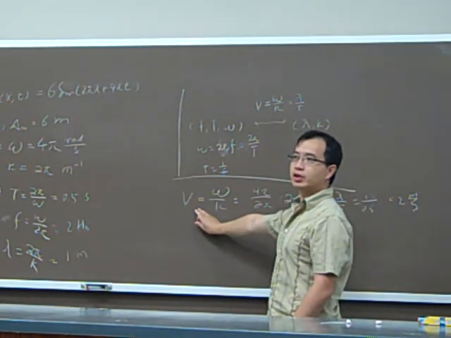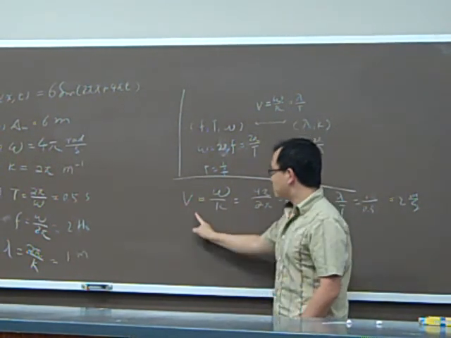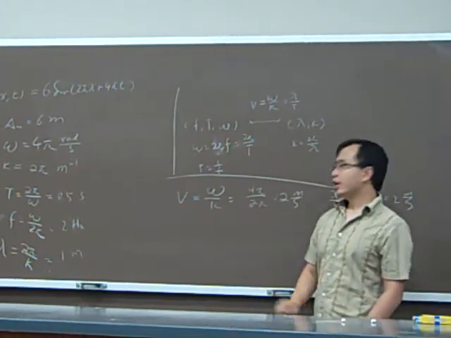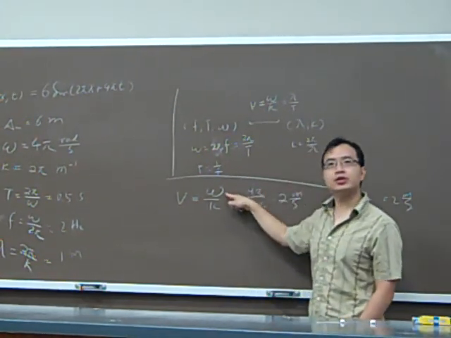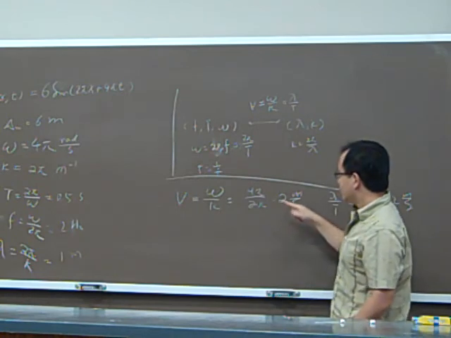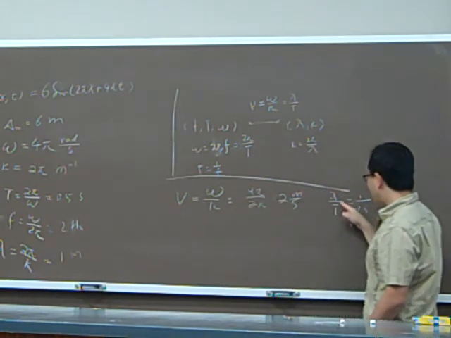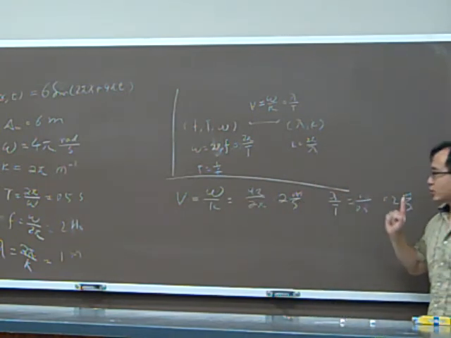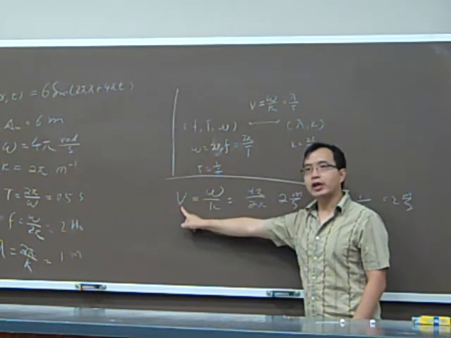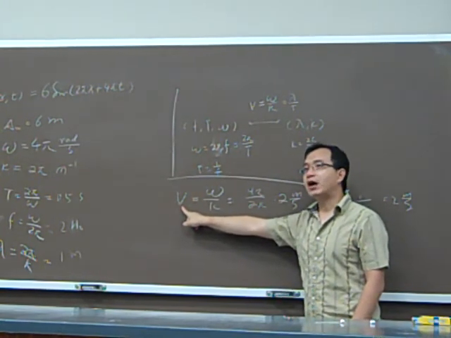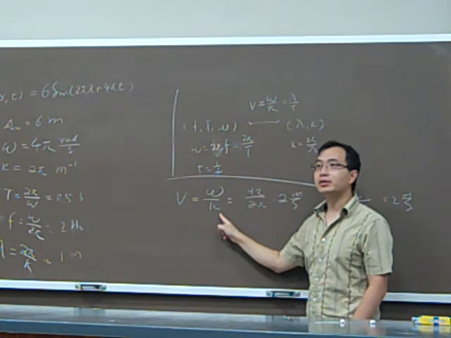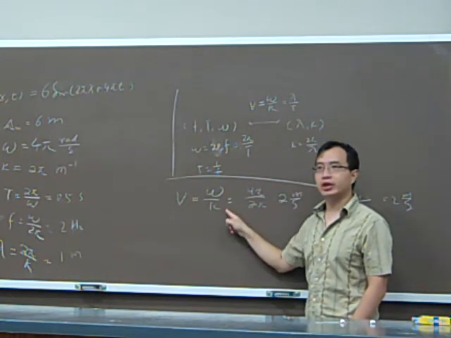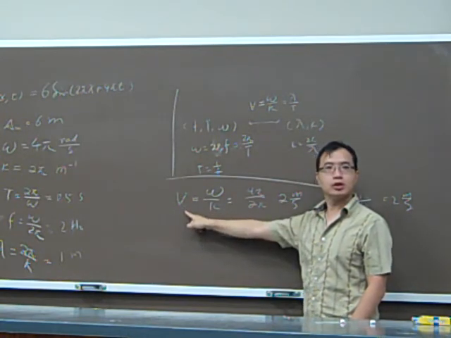One thing you need to know is that the speed of the wave can be calculated from omega over k or lambda over T. But the speed of the wave is more fundamental than these quantities. So by changing this quantity, you are not going to change the speed.